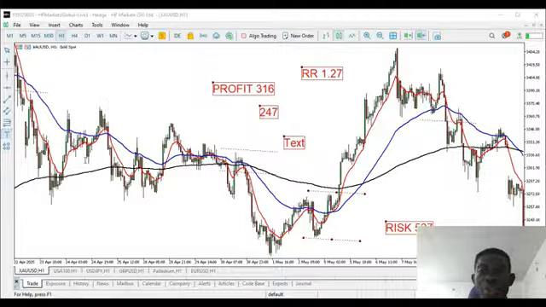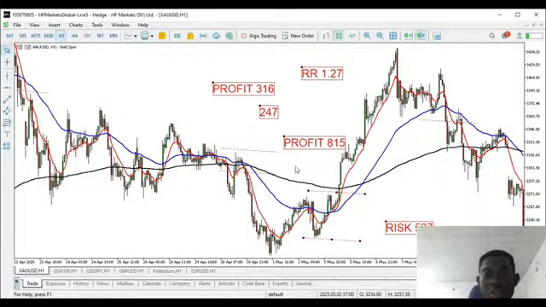And then your risk to reward ratio is going to be 815 divided by 527, which is 1.54.